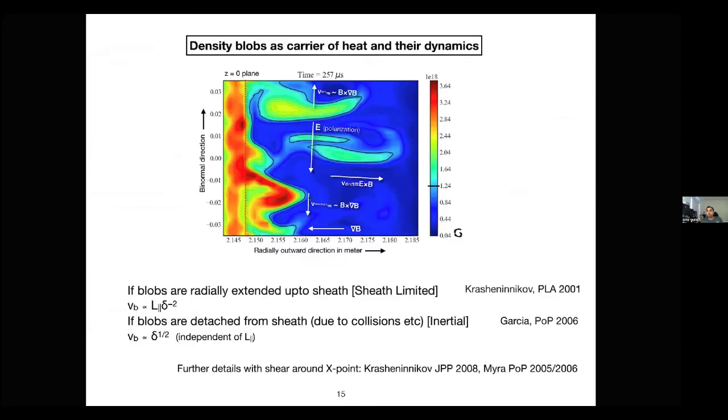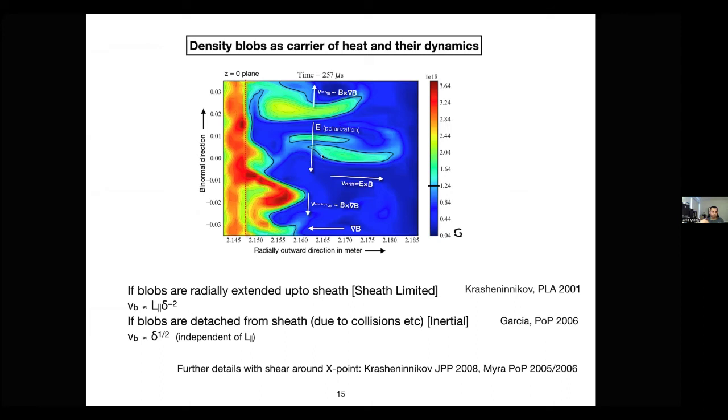And then we need to find theories: how can we make the simulation region more turbulent? There are several theories on blobs, and these are called the blobs. They are long-lived density structures that come out from this turbulent region.